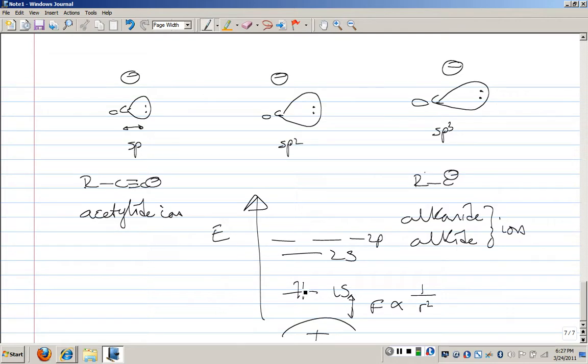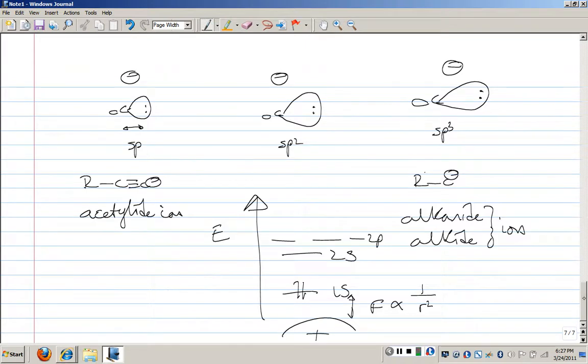So the closer the electrons are to the nucleus, the stronger is the force of attraction, therefore the more stable are those electrons. Okay? So electronic stability is defined in terms of proximity to the nucleus. So obviously, the C minus formed in the case of the terminal alkyne, in other words the acetylide, would be the most stable of all of the anions.